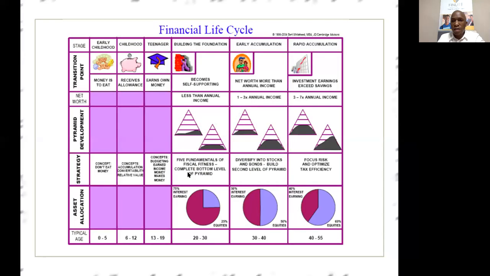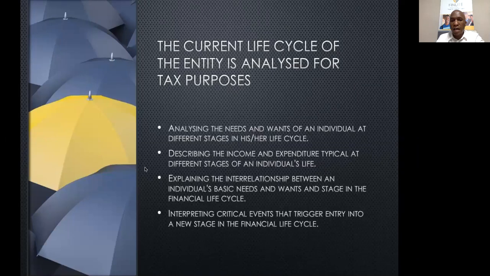Let's look at how the current life cycle of the entity is analyzed for tax purposes. The life cycle will go into another unit standard that goes deeper, but this is the life cycle.